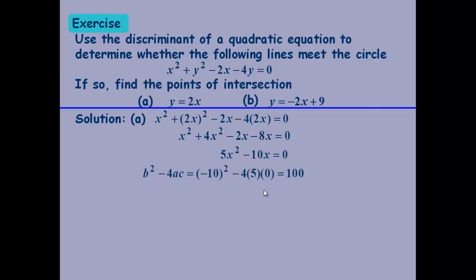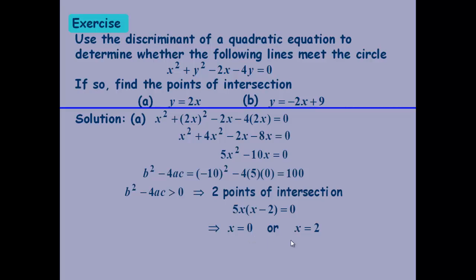Look at the discriminant. We can see it's positive, so we'd expect 2 points of intersection. If we factorise and solve, we get 2 x values. If we put these back in the linear equation, we get our corresponding y values. So (0, 0) and (2, 4).